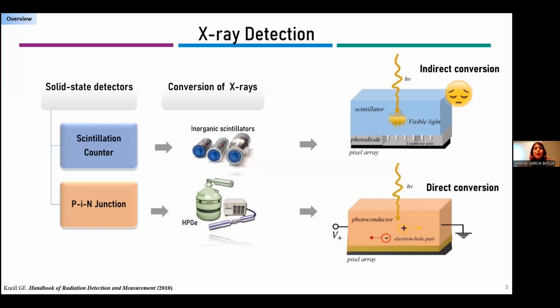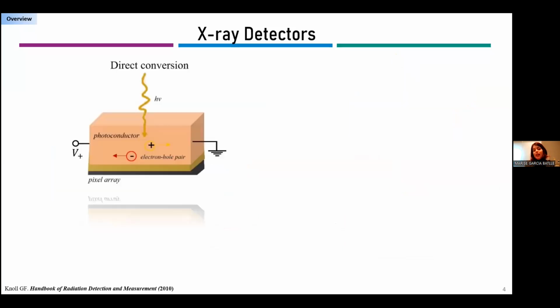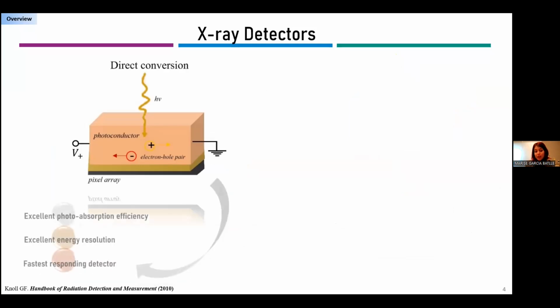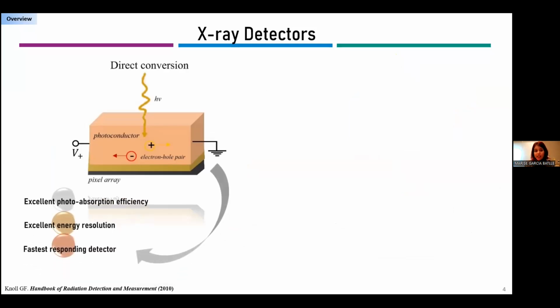This kind of trade-off between the sensitivity and the resolution of the device is one of the disadvantages of indirect conversion or scintillator materials. On the other hand, we have direct conversion in semiconductor materials, which present excellent photoabsorption efficiency, good energy resolution, and are among the fastest responding detectors on the market.